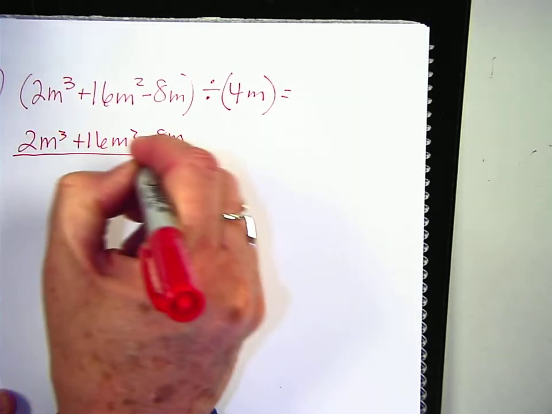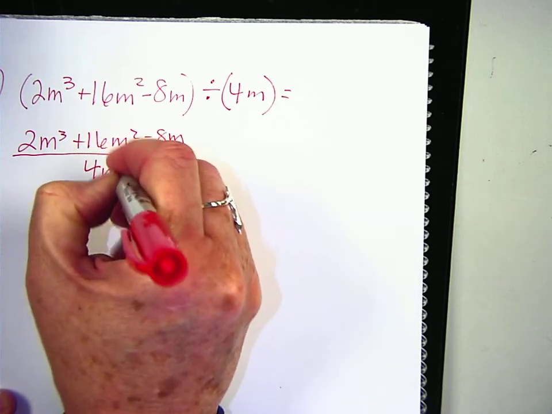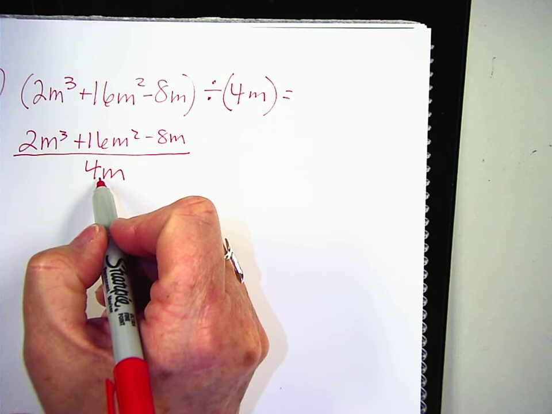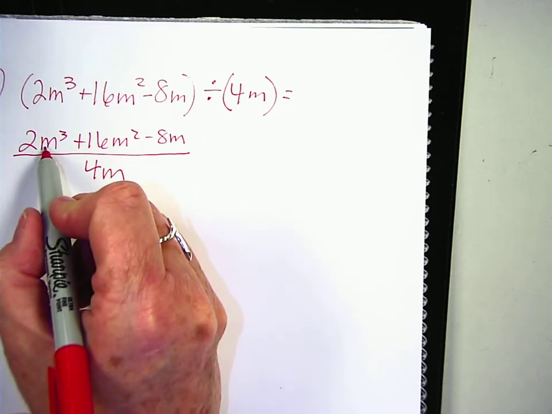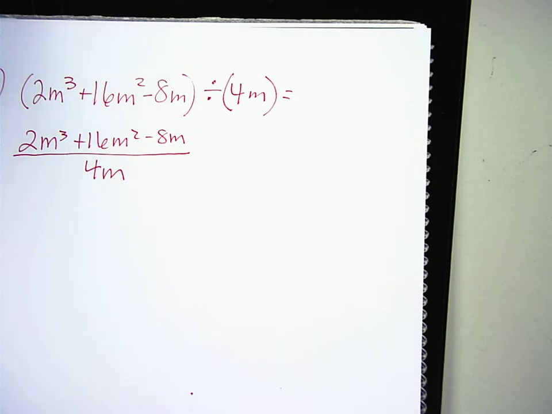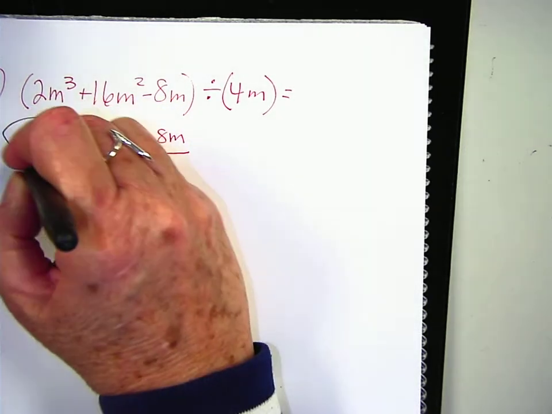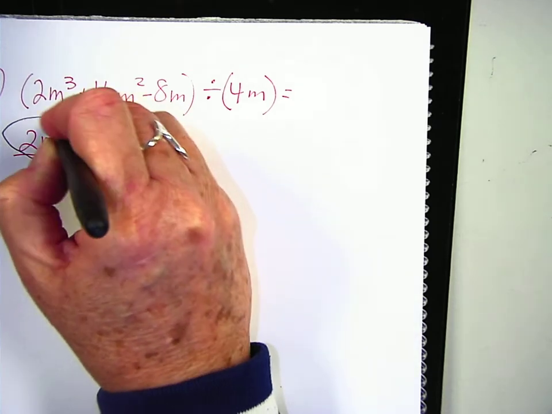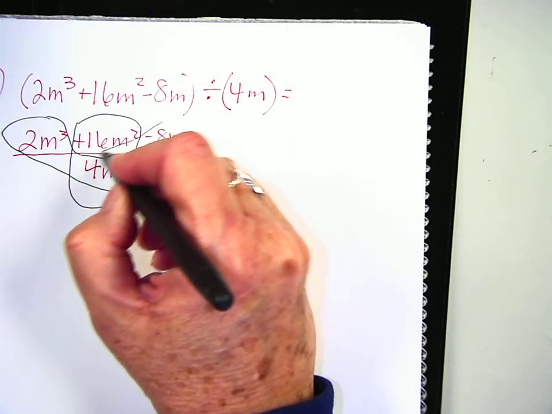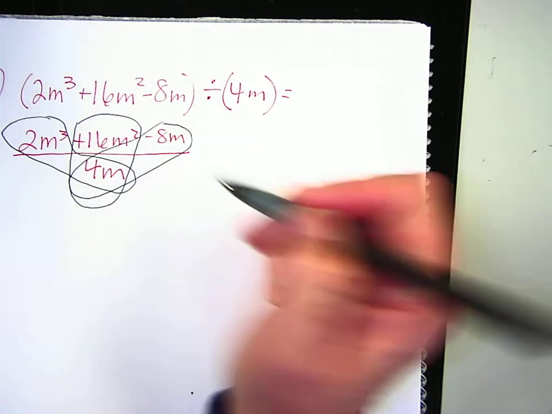What if I wrote it like this, divided by 4m? The question you have to ask yourself here is, what is being divided by 4m? And the answer is every stinking term in the numerator is being divided by 4m. That means this is being divided by 4m, this is being divided by 4m, and this is being divided by 4m.